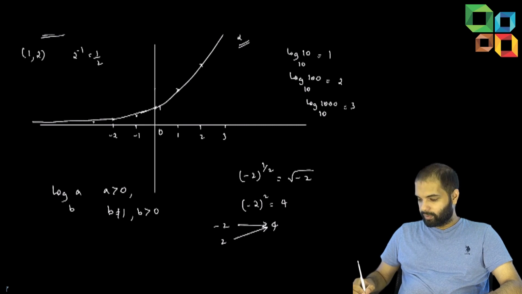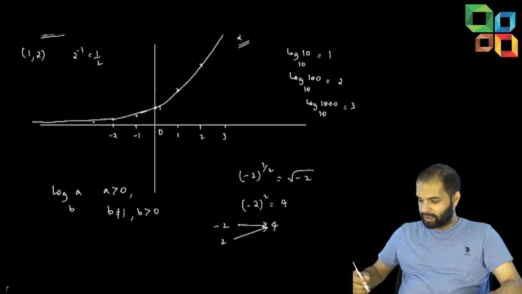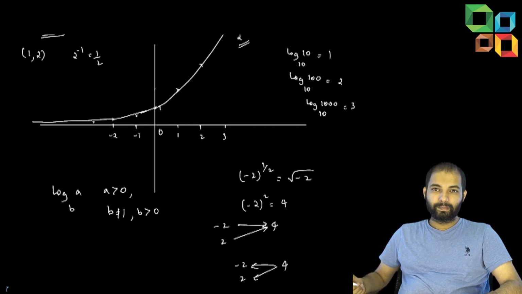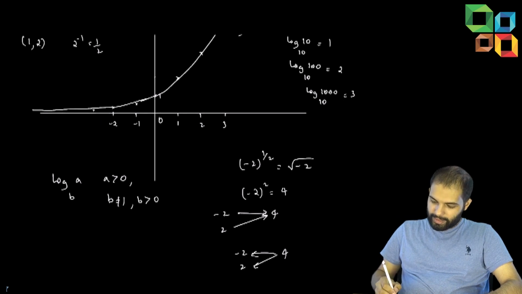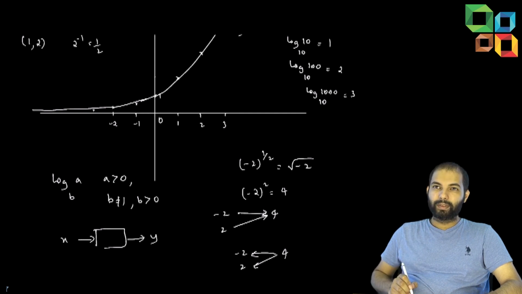But when I told you logarithm is the inverse function, right? The reverse process of what we are doing. So when we do that, if this 4 gives two different values, it won't be a function. Can you see that? What the exponent was doing is this function: when I put x, it was giving some output y, correct.